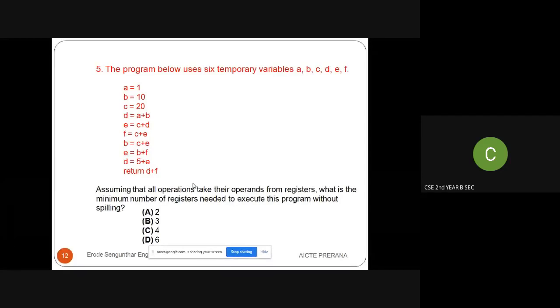Memory address register, accumulator. Sir, accumulator. Yeah, accumulator. We have come across accumulator.